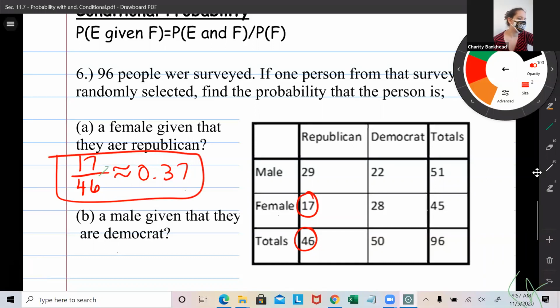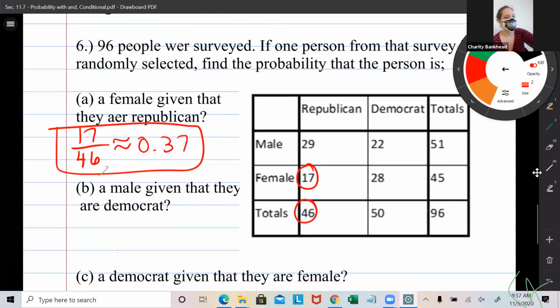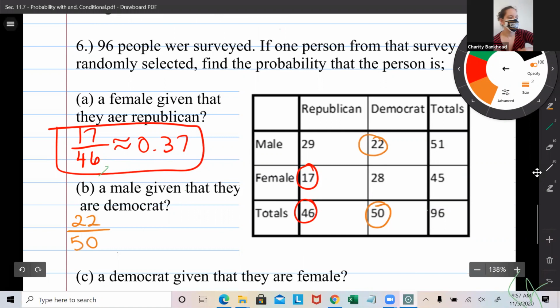All right, what is the probability that they are a male given that they are a Democrat? Okay, so there's 22 male Democrats divided by 50 Democrats. So 22 over 50. I can reduce that to 11 over 25. Which is equal to 0.44.